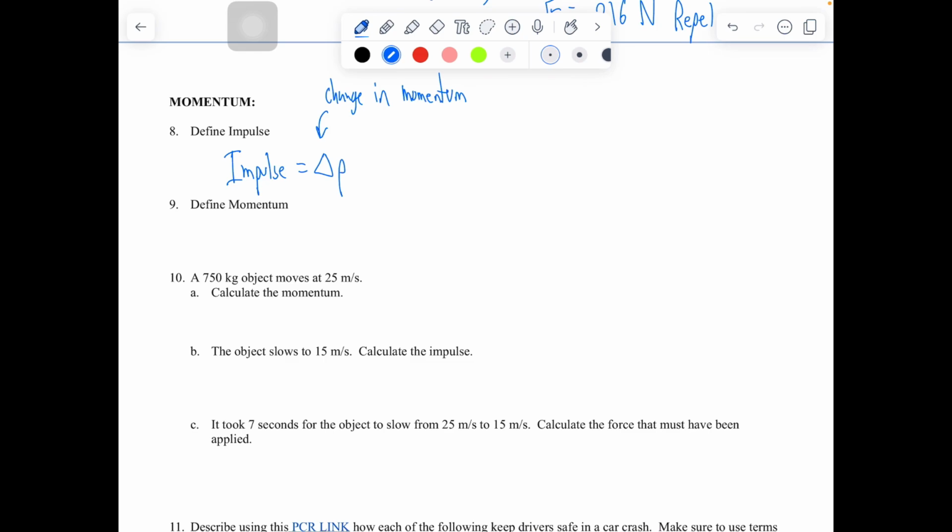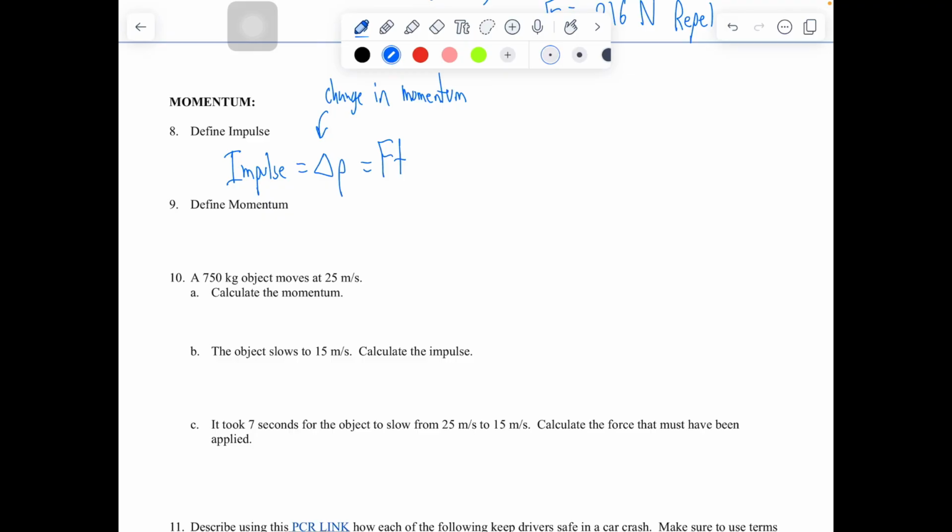Now, we also know that that change in momentum, the impulse, is equal to the force that object experiences over some amount of time. These are all equivalent. Impulse is a change in momentum, which is a force felt over some time.